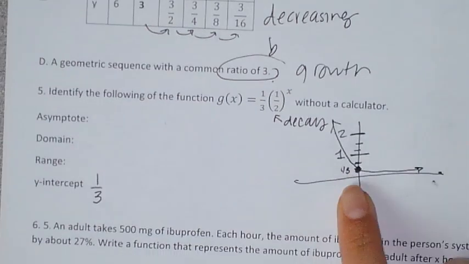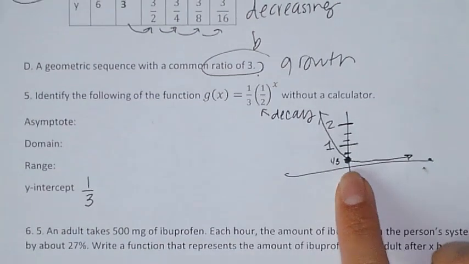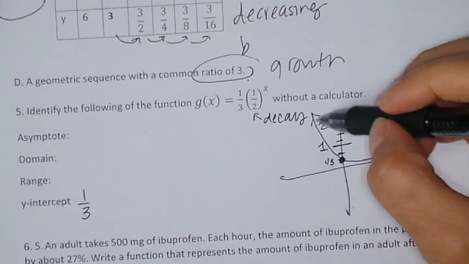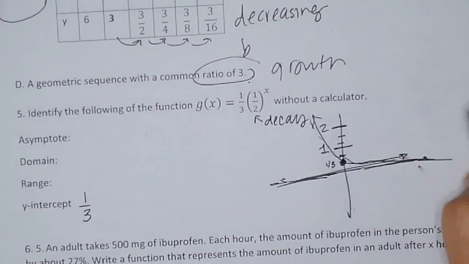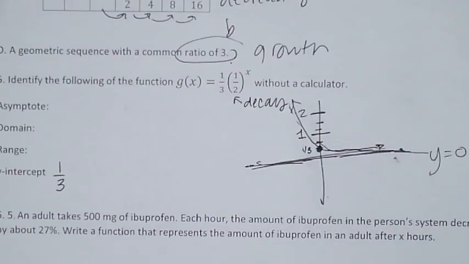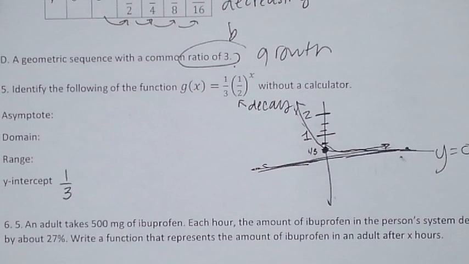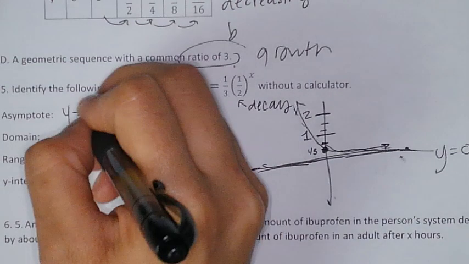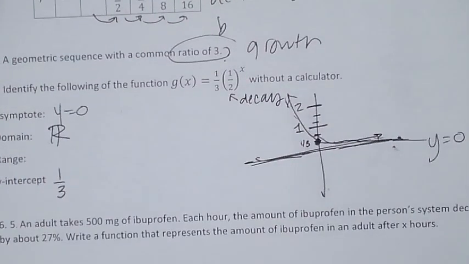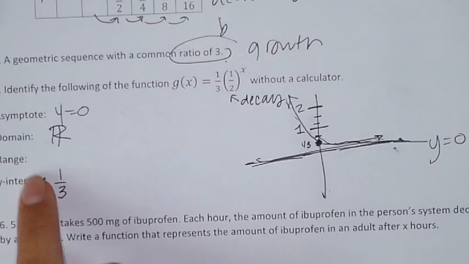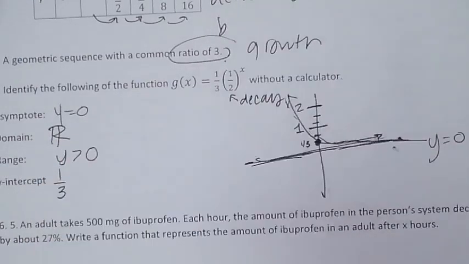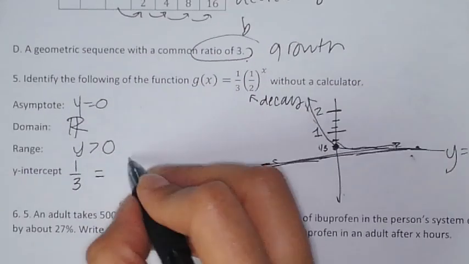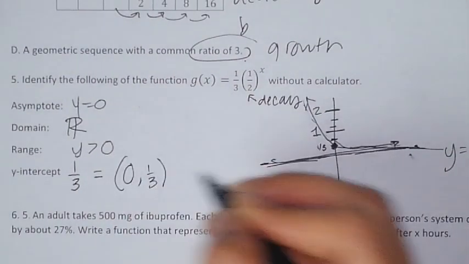Range: if it crosses 1/3 and it keeps going down, the asymptote is y equals 0. Coordinate points, so 0, 1/3.